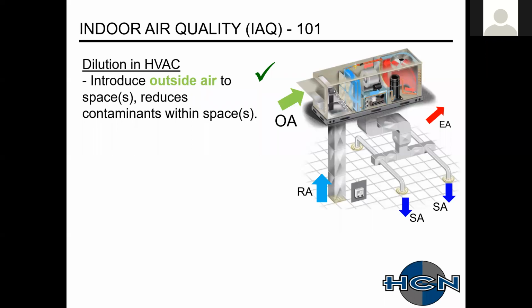Inside of that rooftop unit, you have filtration as well as heating and air conditioning components to condition the air. That mixed air then travels down the ductwork to supply air. And then also, we'll touch on there is another red part of the air there that's exhaust or relief air that has to be worked in conjunction with the amount of outside air.